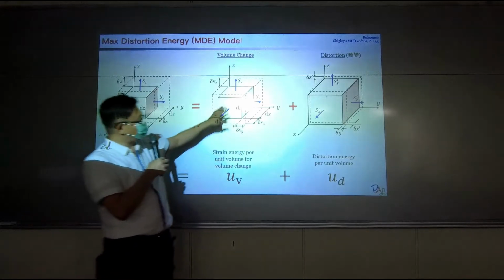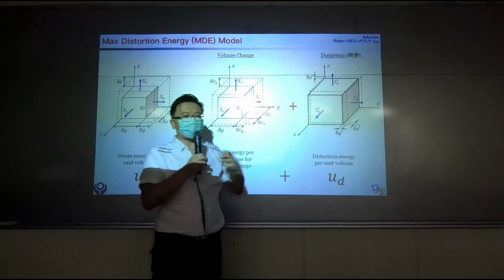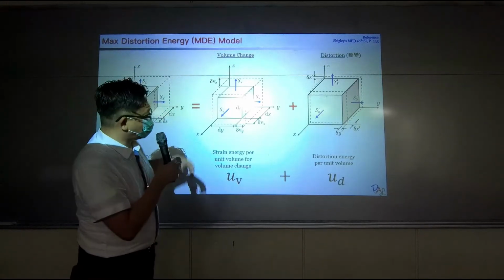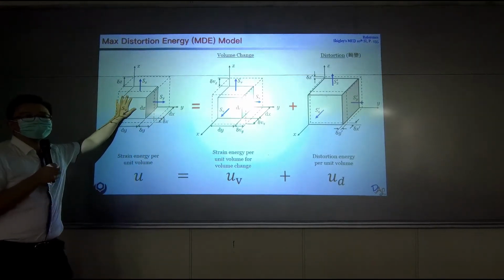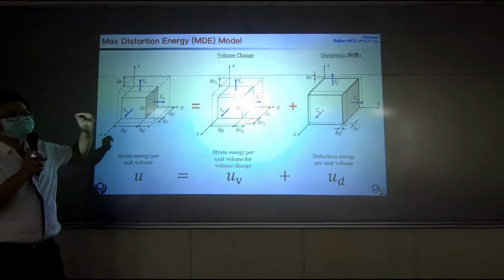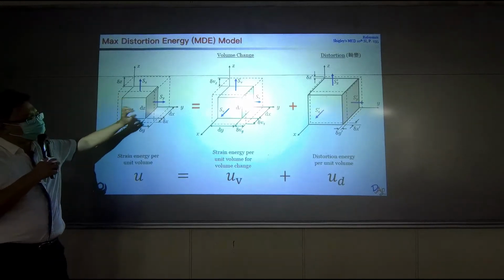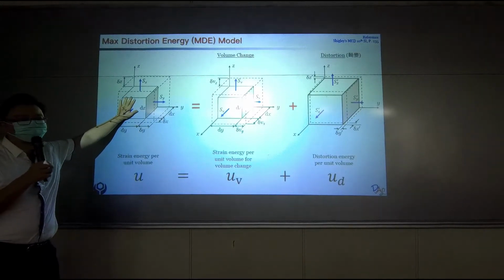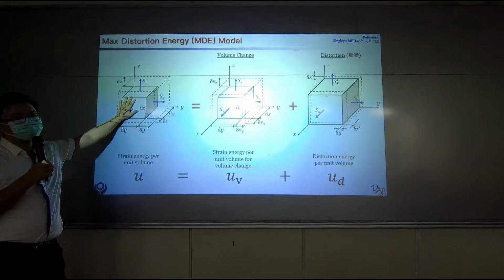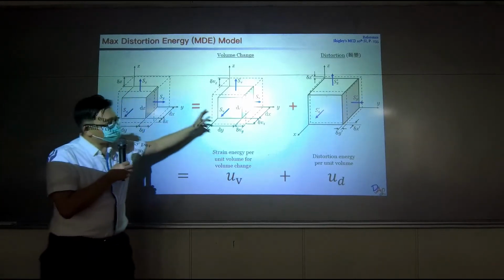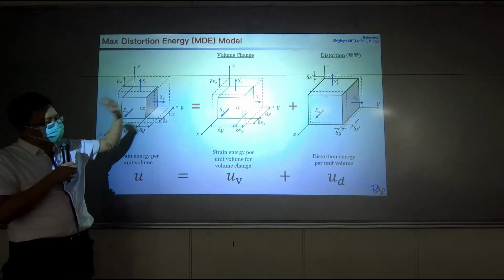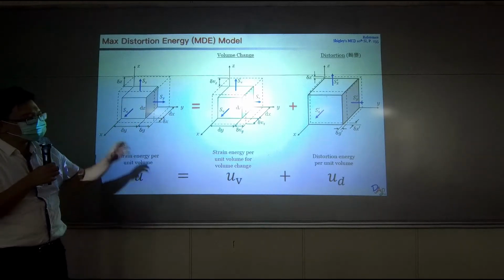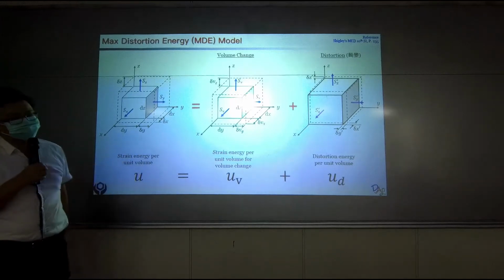How do you know if you put them together, maybe they are dependent? Then when you add them up, it won't equal the left-hand side. But in those kinds of theory, they all have very small deformations. So we assume this equation works. This is an assumption. And when we have very small deformation, this should be fine.